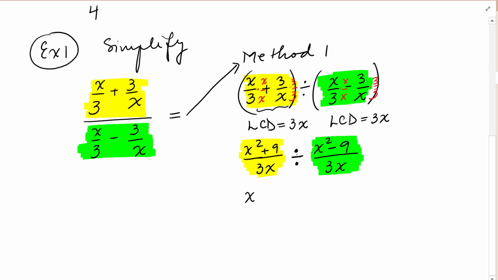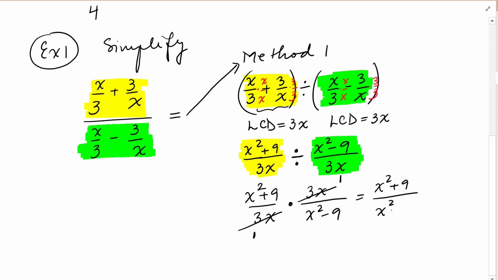So how do we divide two fractions? x squared plus 9 over 3x times, and we flip the second one, 3x over x squared minus 9. 3x cancels with 3x, it gives us 1, and we end up with x squared plus 9 over x squared minus 9, and this is the final answer.